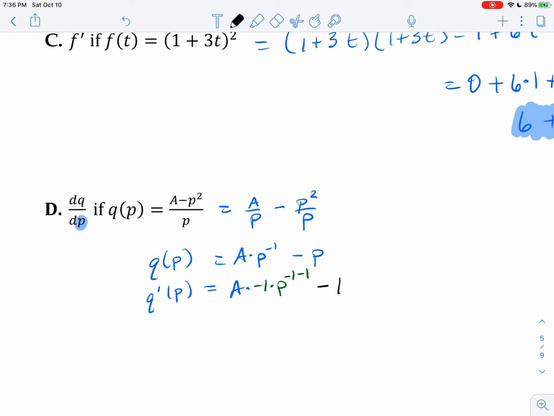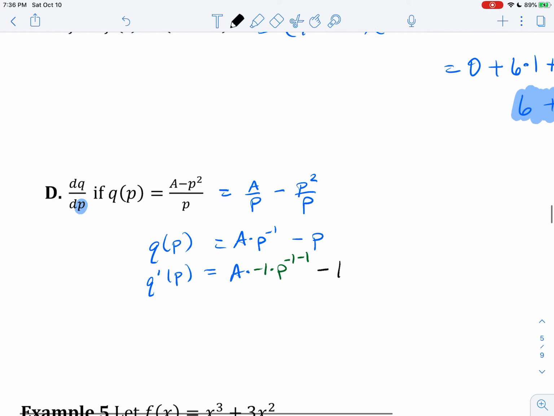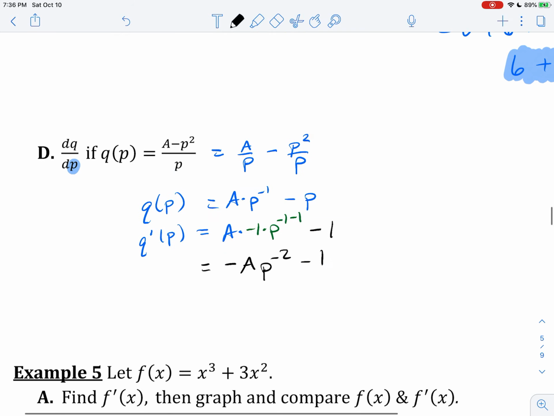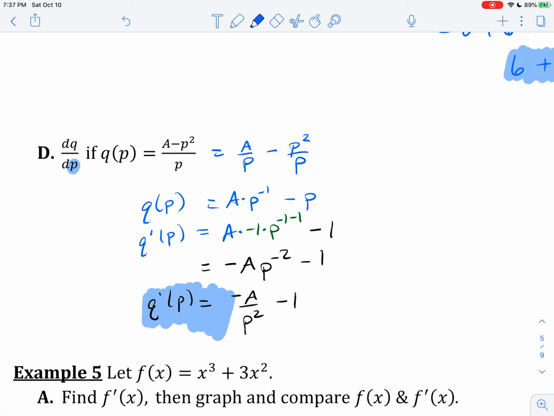The derivative of x is 1. The derivative of p with respect to p is dp over dp, and that is 1. And here I can simplify, and I get minus a p to the minus 2, take away 1, and that can be minus a over p squared, take away 1. And that is my derivative.